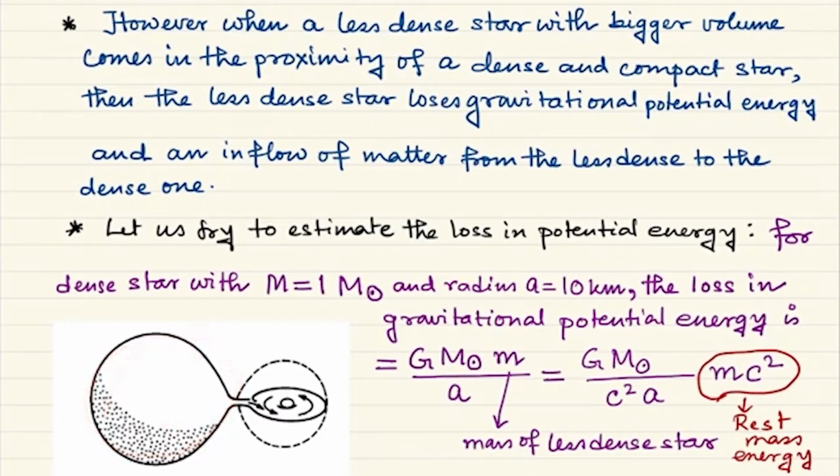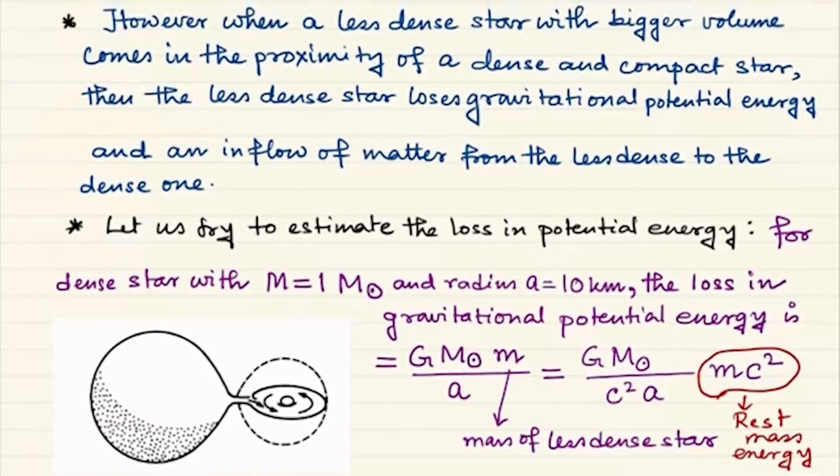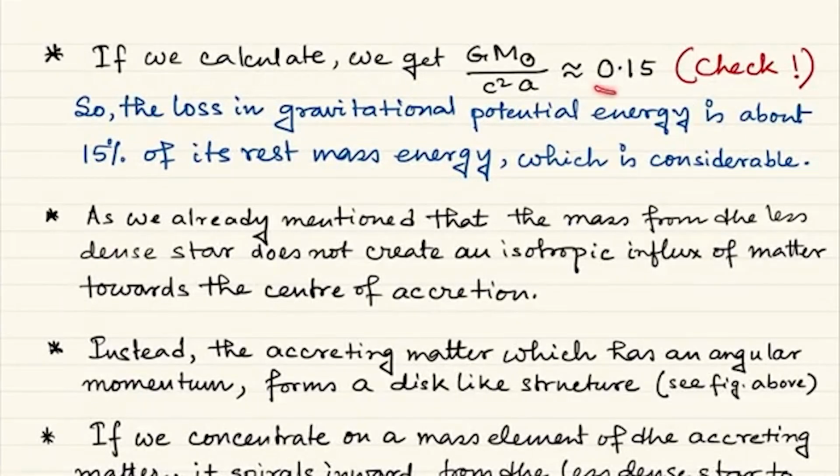So now this one is the amount of the lost gravitational potential energy, and this one is its rest mass energy. So the ratio of the two will simply be this one. If you calculate this factor, you will see this will give you 0.15.